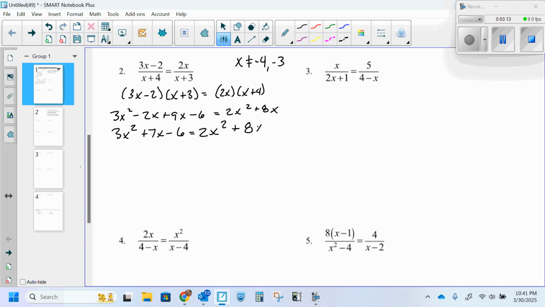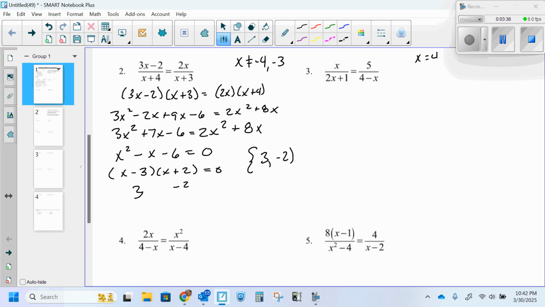Okay, we need to get this set equal to 0. Subtract 2x squared. Subtract 8x. Okay, we get 3 and a -2, and both of those work.